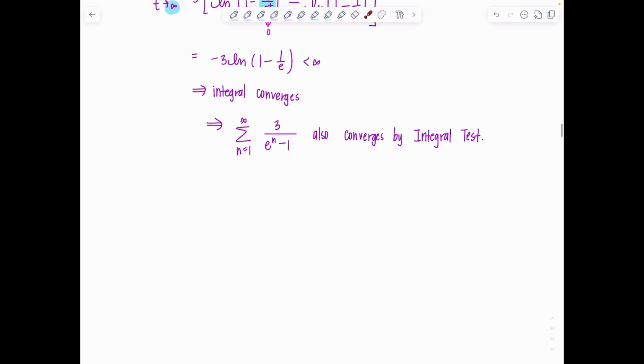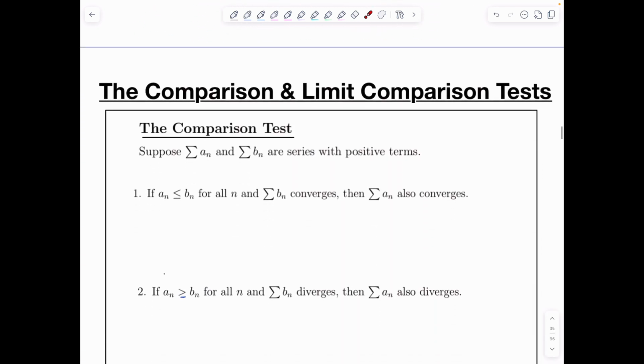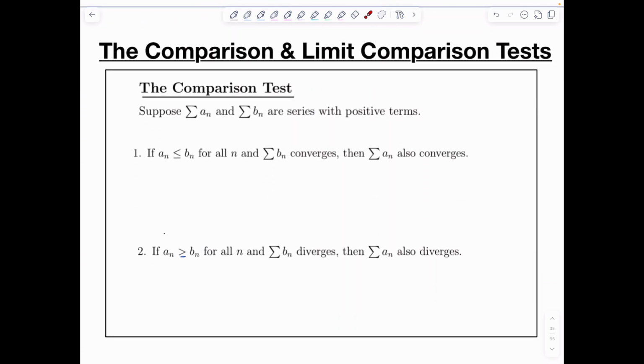Yes. So, what is the comparison test? It's pretty cool. First of all, make sure you only apply it when you have two series whose terms are positive. If the terms of one series are always less than or equal to the terms of the other series, and the bigger series converges, then our smaller series, the sum of an, also converges.